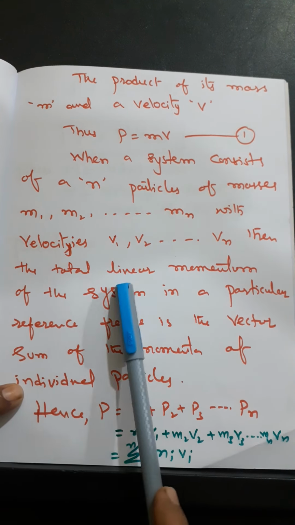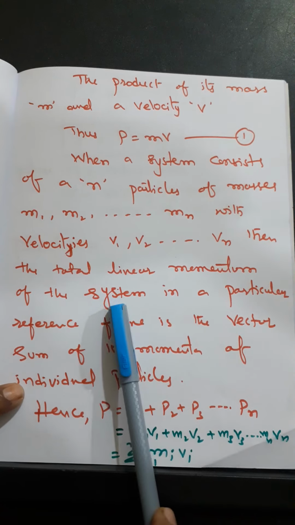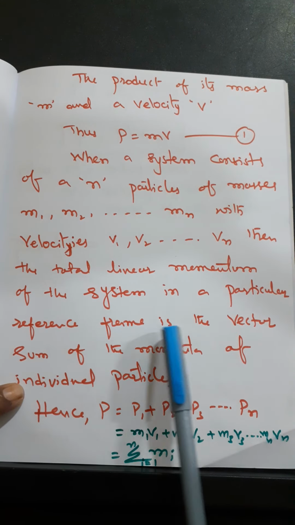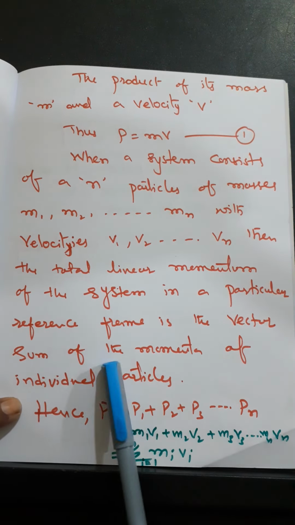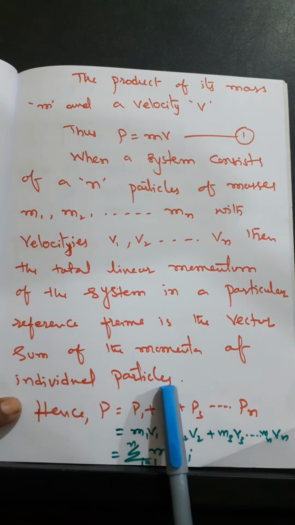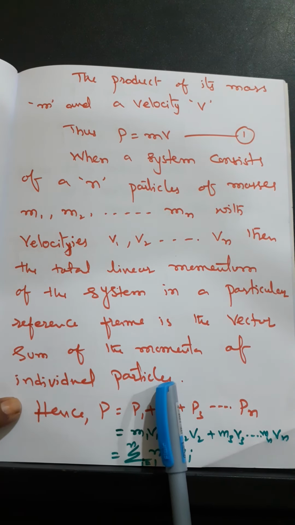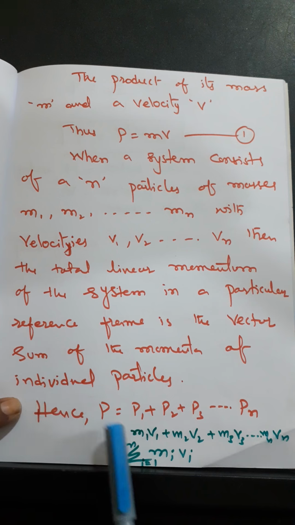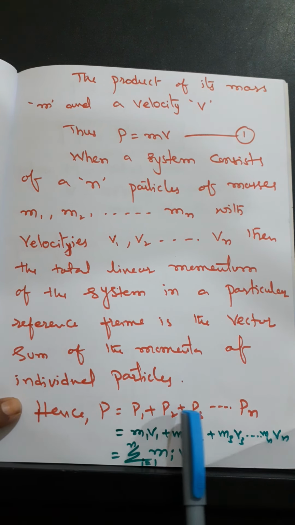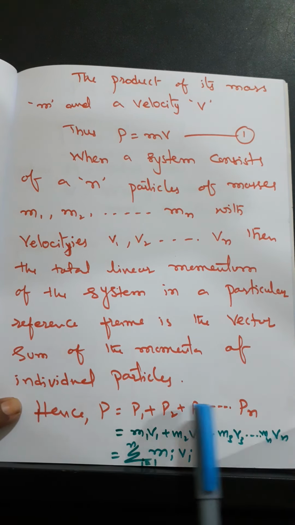Then the total linear momentum of the system in a particular reference frame is the vector sum of the momenta of the individual particles. So this is the definition of linear momentum, that is P = P1 + P2 + P3 and so on up to Pn.